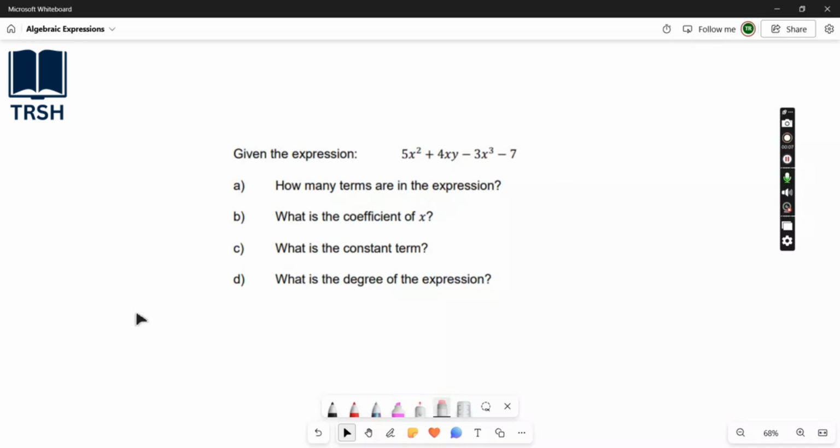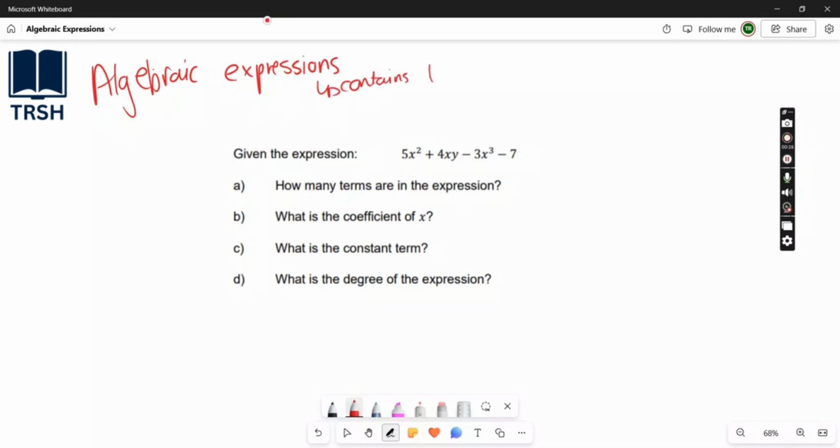In this video, I'll be talking about algebraic expressions. So you should know by now that algebraic expressions include the following. Whenever we're dealing with algebraic expressions, they contain letters, which are our variables.